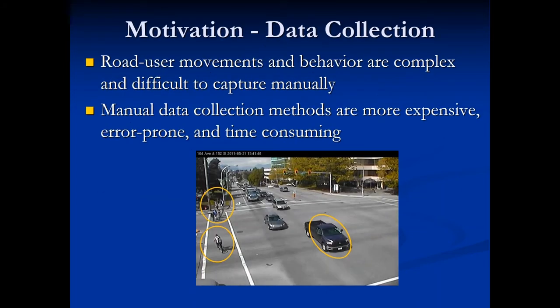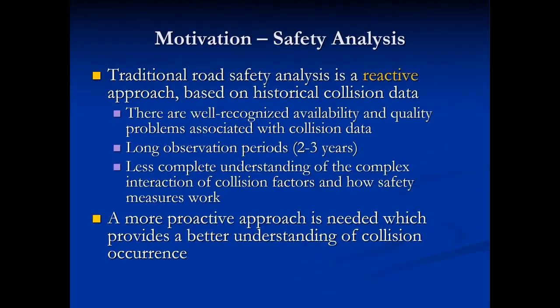As you all know, road user movements and behavior are complex and difficult to capture manually, and manual data collection methods are more expensive, error-prone, and time-consuming. On the safety side, traditional road safety analysis has relied on collision data, which takes a very long time. You need to accumulate collision data for 2 to 3 years.